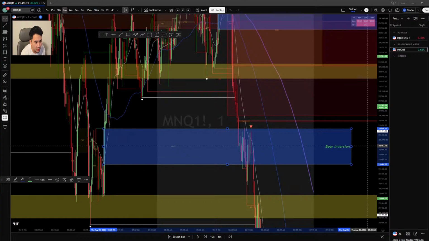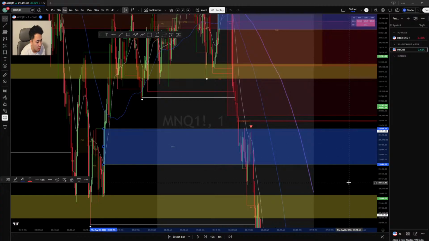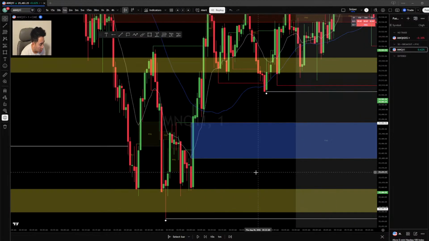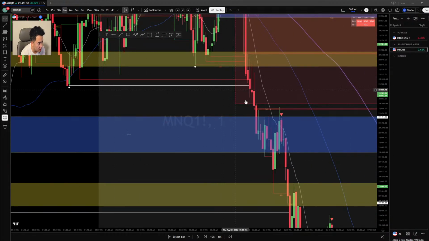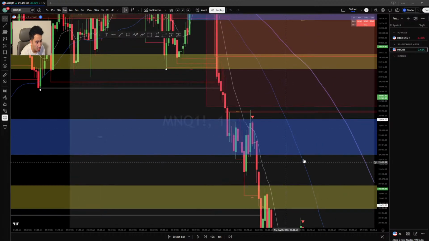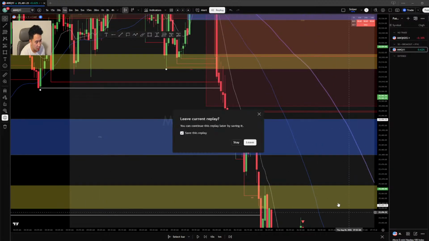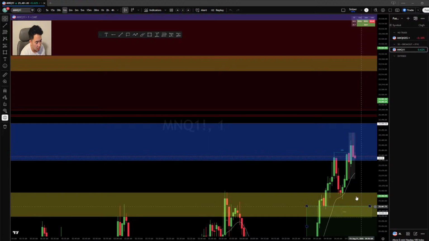Bearish inversion. Yeah, large bullish gap. Price came down and then broke through it. So it's bearish inversion. That's good.